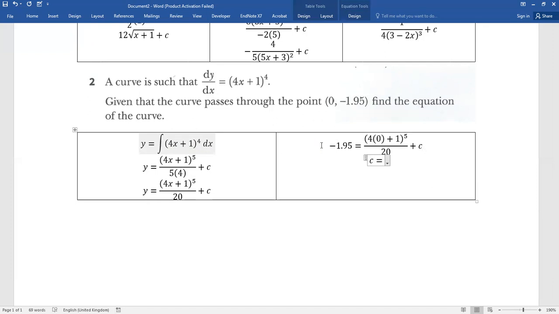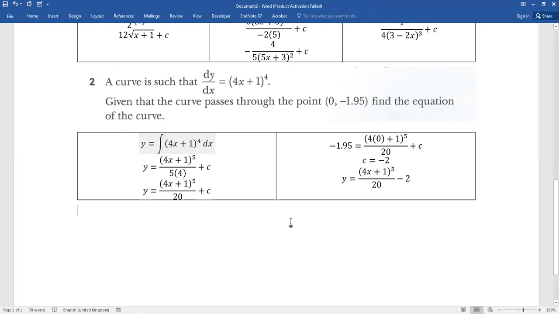Can you tell me the value of c that you get? Is this right, or are you getting anything else? Yes, sir, I'm getting the same answer. C is negative 2. Very good.